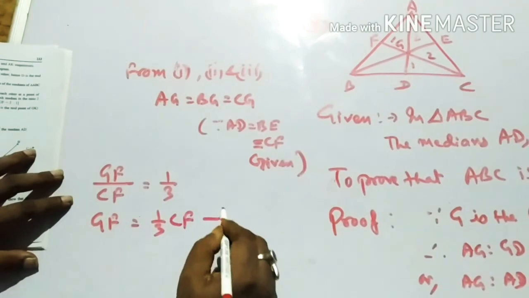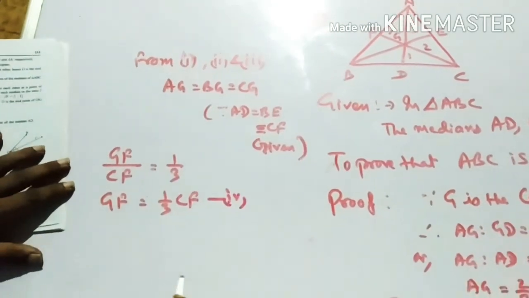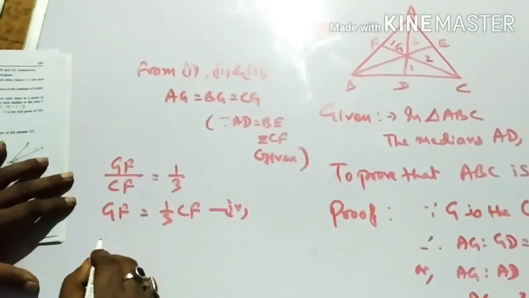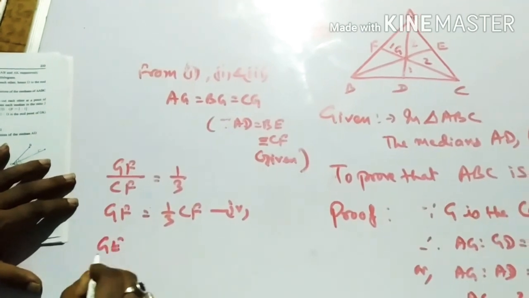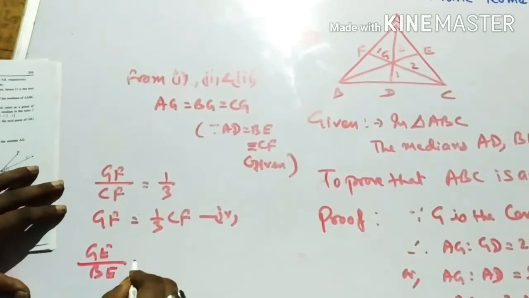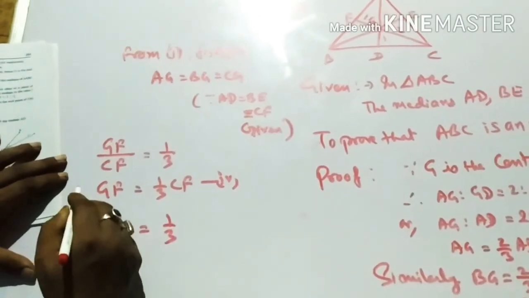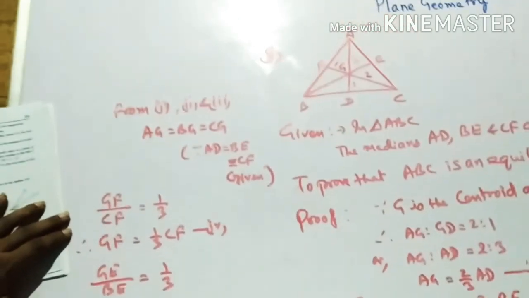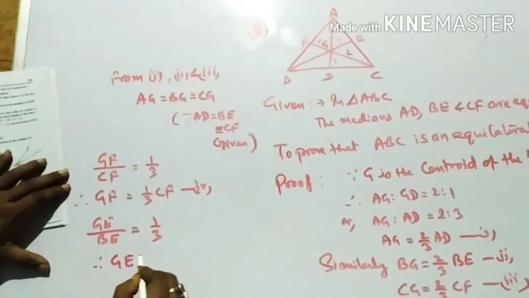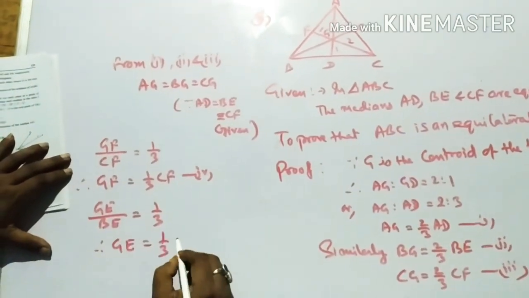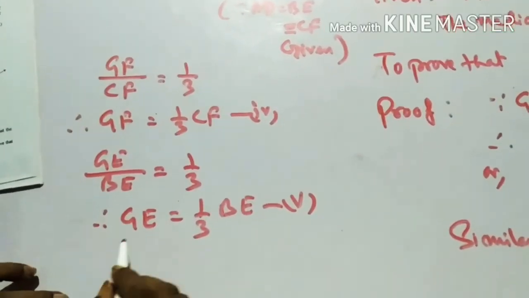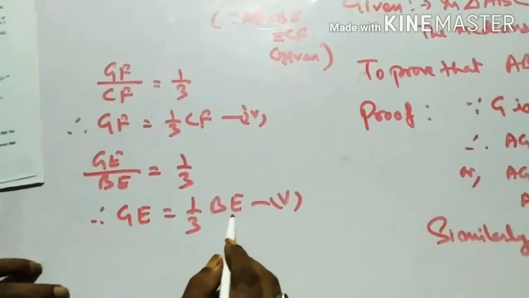This is equation 4. Similarly, GE by BE is equal to 1/3. Therefore, GE is equal to 1/3 BE.